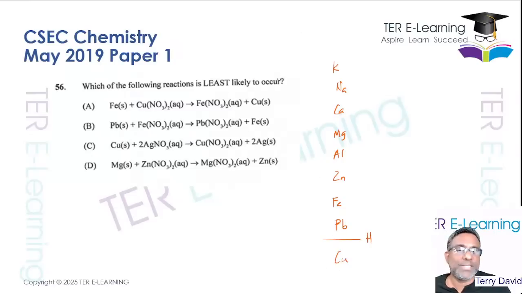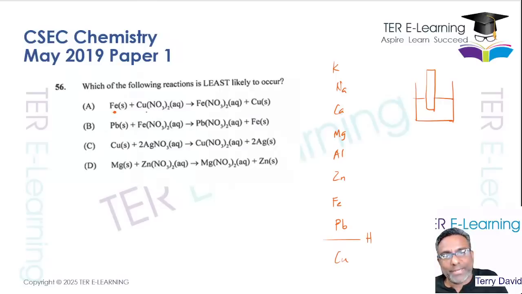Okay, so this is the general reactivity series here. And when it comes to a reaction, you have what we call a displacement reaction. So you can place a metal inside of a solution containing another metal. A displacement reaction will only occur if a metal is higher up in the reactivity series.